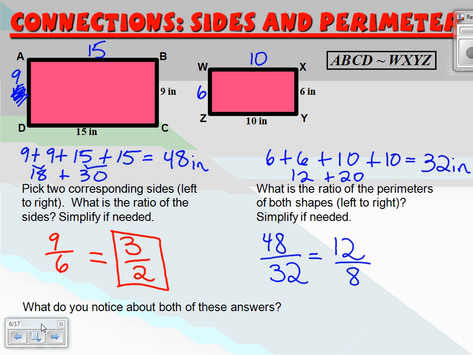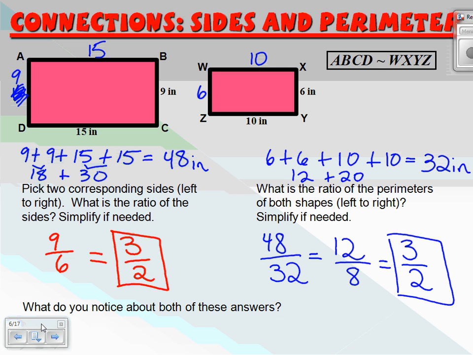Oh, can I still simplify this? Yes, I can. I think 4 can also go into both of these numbers. 12 divided by 4 is 3. 8 divided by 4 is 2. That's my answer. 3 to 2.